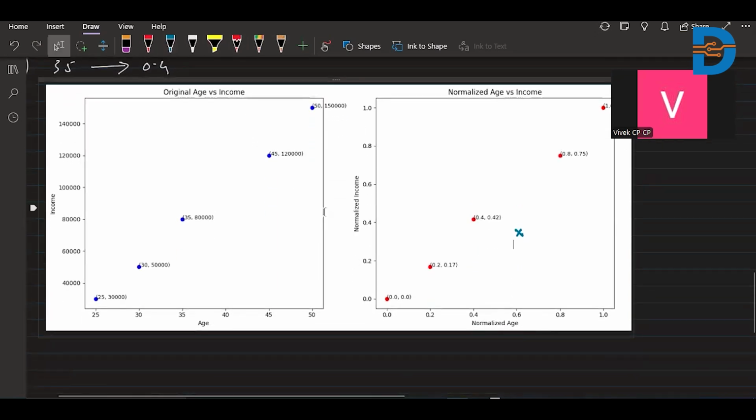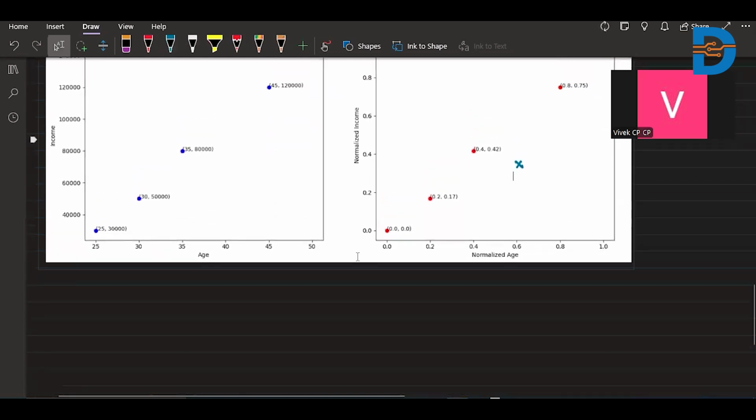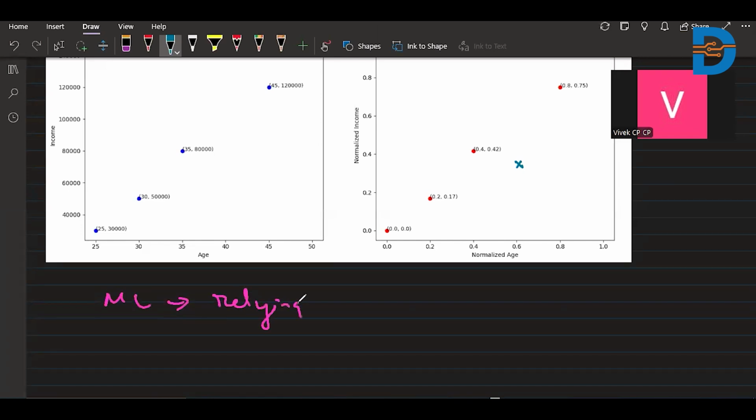So that is why we have to normalize it. So understand that this normalization is an essential part, especially when it comes to machine learning algorithms that are relying on some sort of a distance measure.